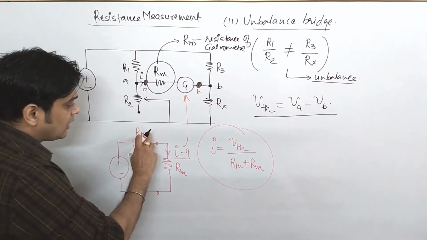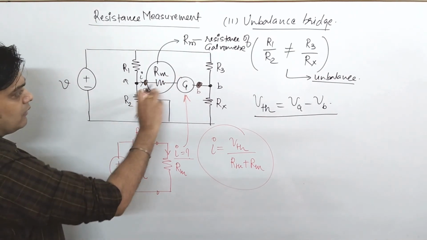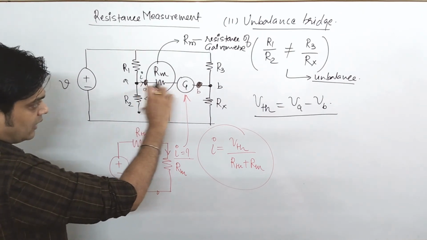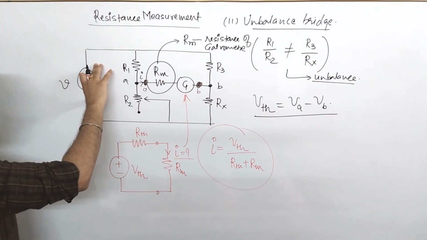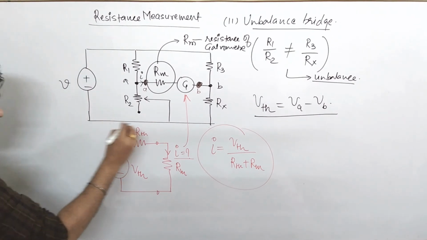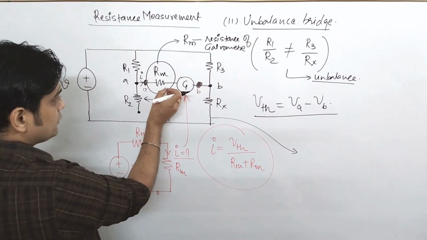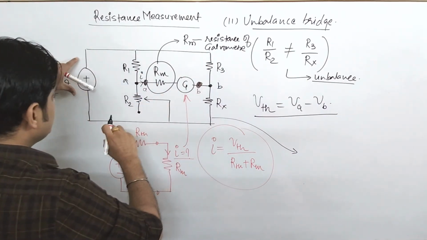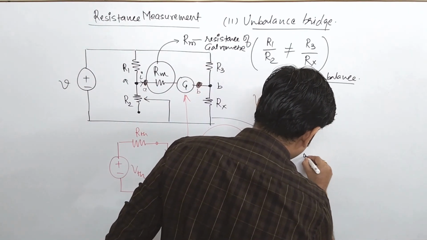Now the question comes to how you find the value of RTH. At this branch you have to find RTH by short circuiting the voltage source. So if I draw the equivalent of this network, this terminal will become open, and this will become short. So actually it is this type of network.